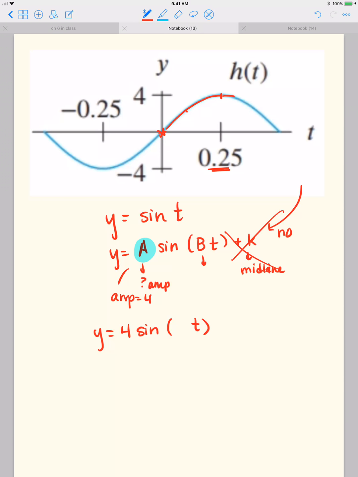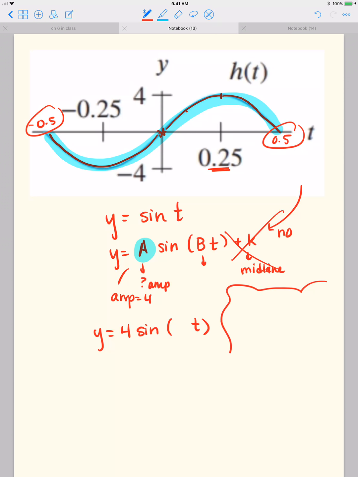You're a quarter of the way through your curve, and then it's safe to assume that this is like 0.5, halfway through your curve, and it would keep going to the right, but we can look at it to the left as well. And this is actually one complete period, and that runs from -0.5 to +0.5. So the value of the period for it to complete one cycle is 1.